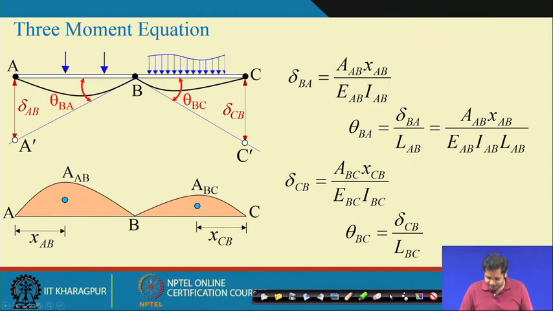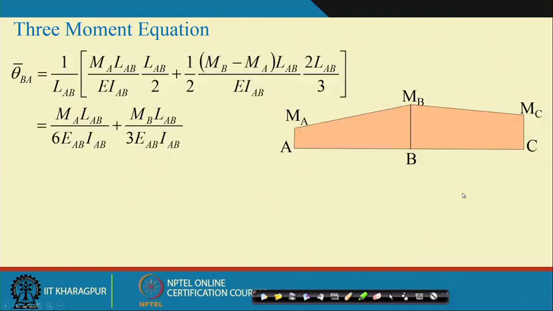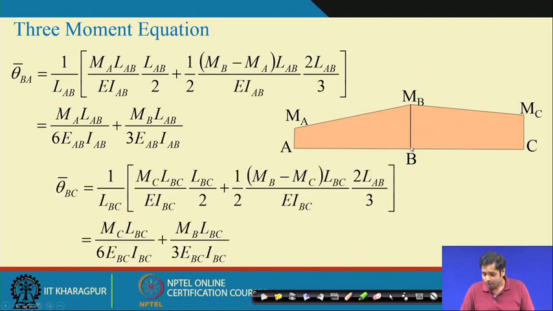For the second case, the second basic determinate structure subjected to the redundant force, we can do the same exercise. Then theta BA bar, the rotation at B in segment BA, can be obtained like this, and similarly the rotation at B in segment BC can also be obtained like this.